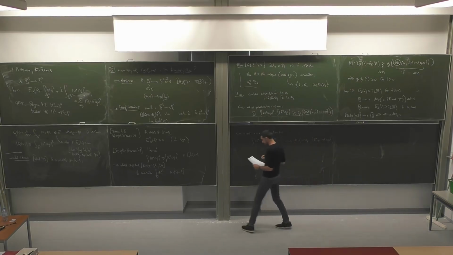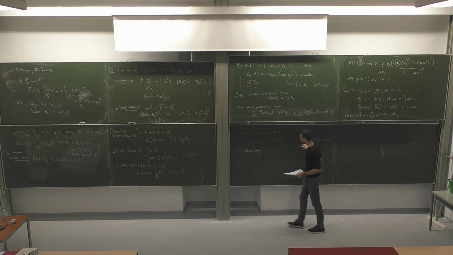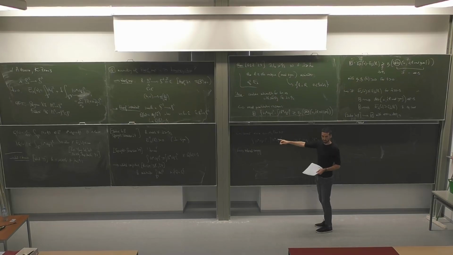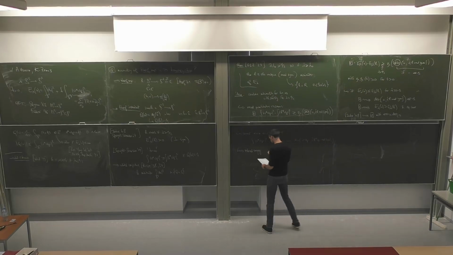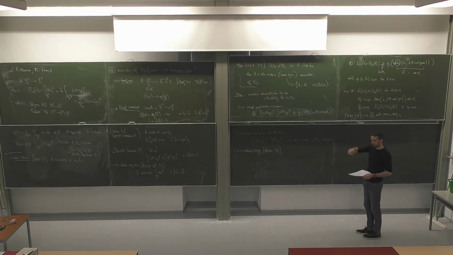But as I was saying, somehow the fix for this issue is that you do everything at the level of these forms. This is an idea that I think was really introduced by Rivière, in that paper I was talking about.